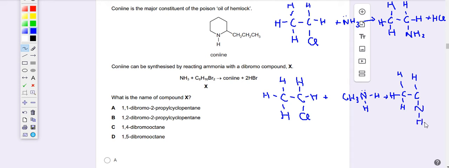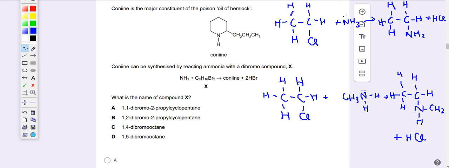So remaining one H, then the CH3 is still bonded to N. Now we also get HCl as the byproduct. Okay, so it's very important for you to know these two very basic reactions first before we answer this question.